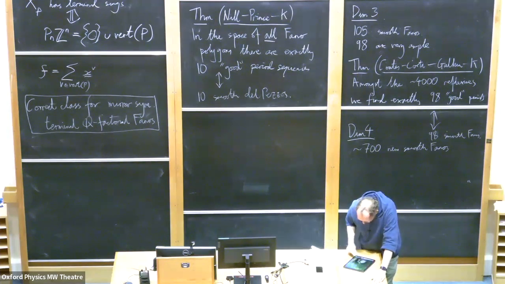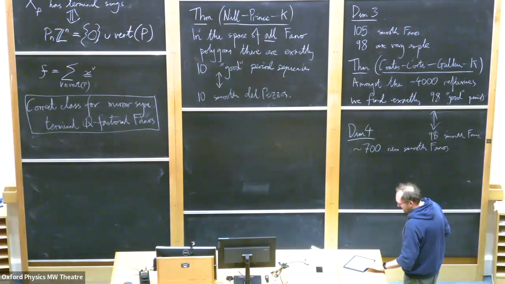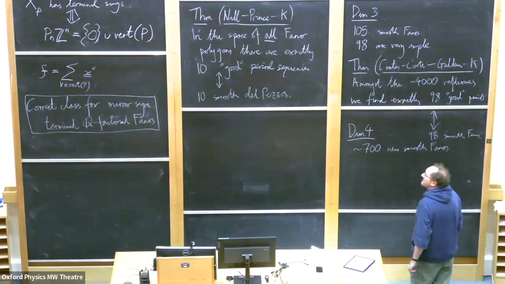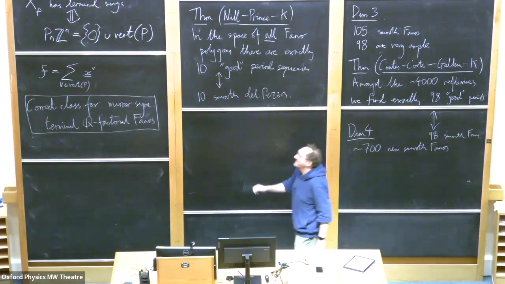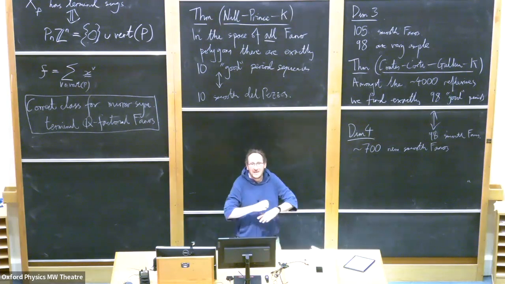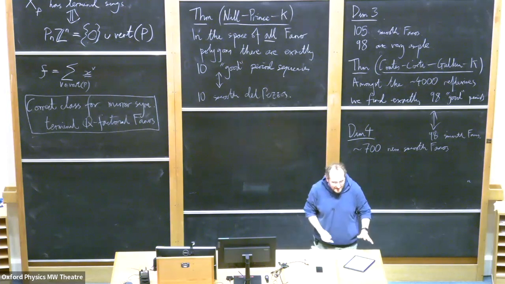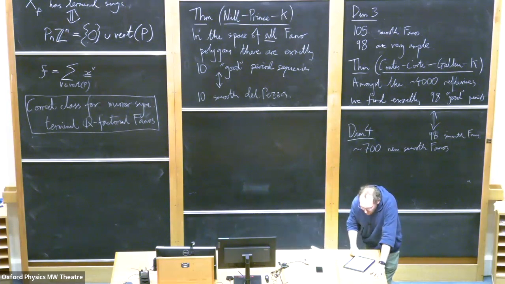Now, you thought we didn't know much about Fano manifolds. We know even less about terminal Q-factorial Fanos, okay? We don't even know the classification in three dimensions. So this is really fascinating. And anything that we find is going to be really, really interesting.